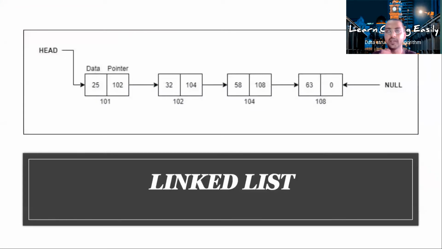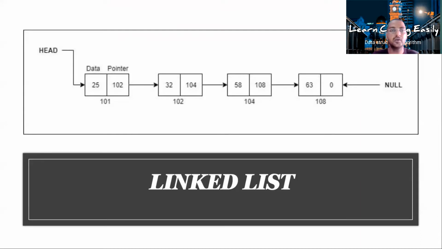Now in case of a linked list, we have one node. First of all, for every element we will keep one node. What will this node contain? Let's talk about this first node. There are two parts. Every node will have two parts: one is the data, the second is the pointer. The pointer will point to the next element in the linked list.